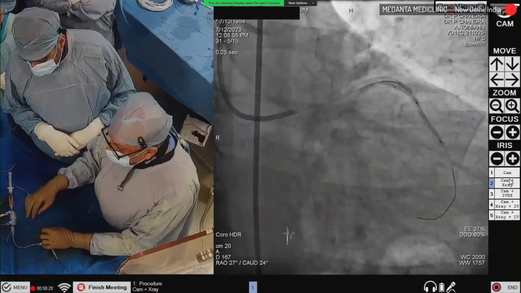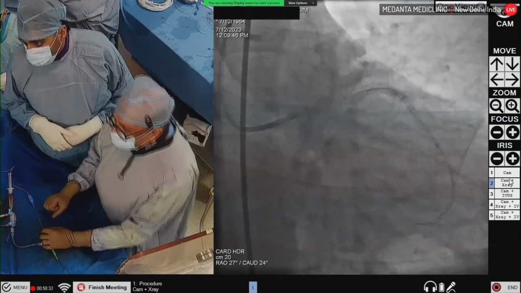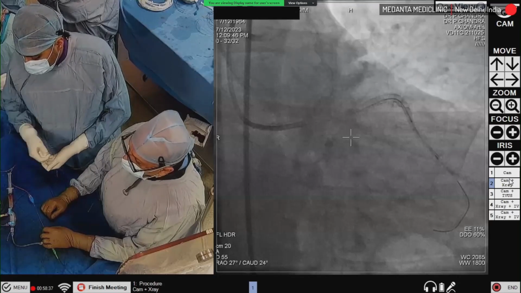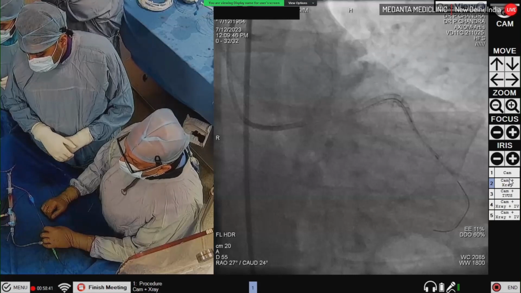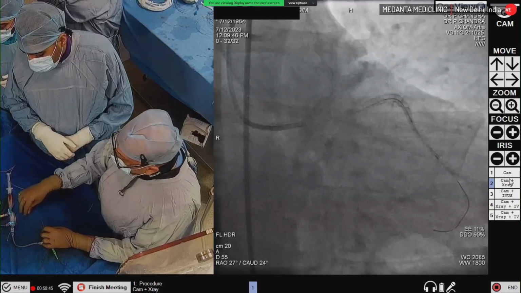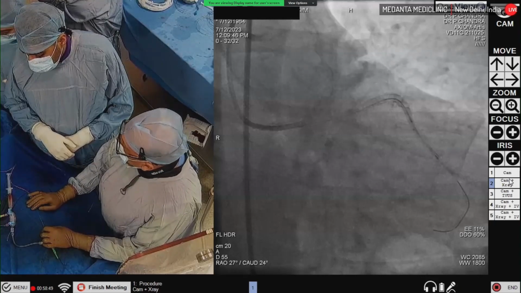No questions. Okay. 1 minute 14 seconds, and the pressure is okay. ECG is okay. He's feeling all right. So we will continue for 2 minutes.